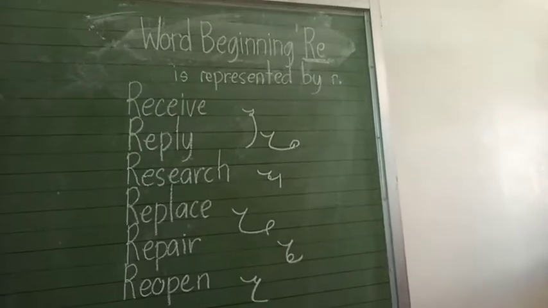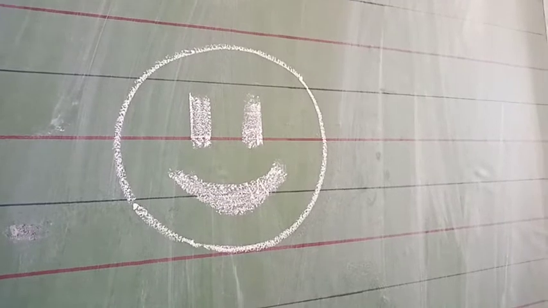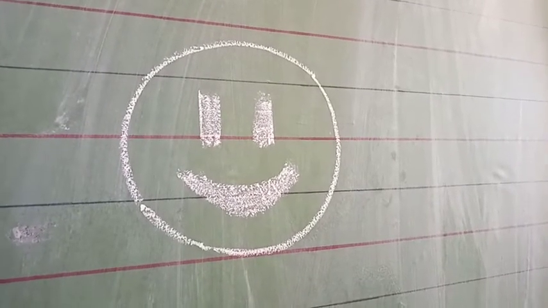The word beginning re is represented by R. In 7th grade, lesson 15 was simple and very easy.